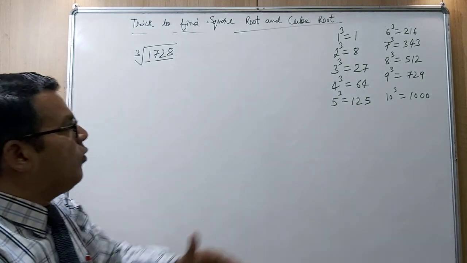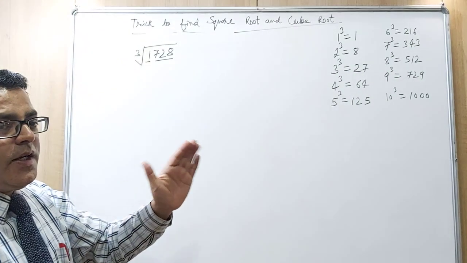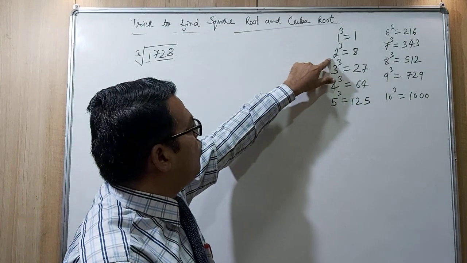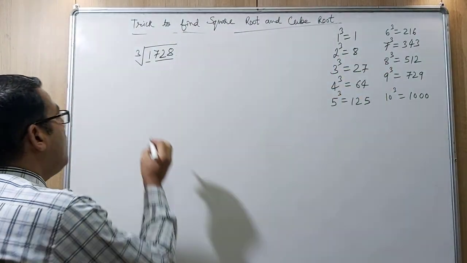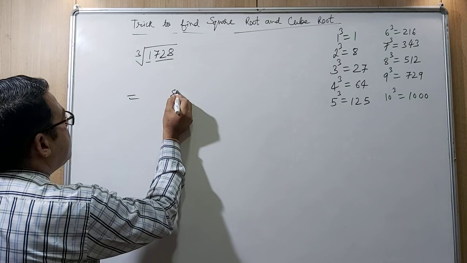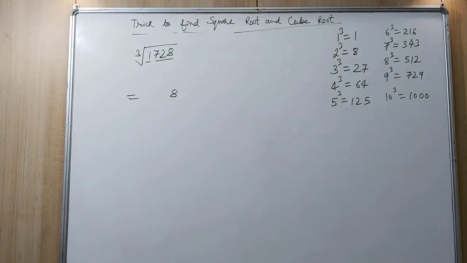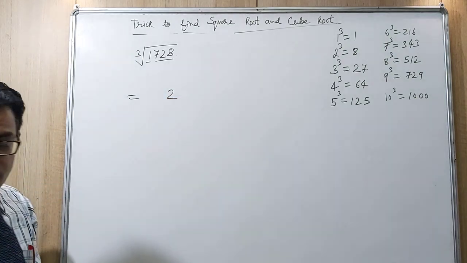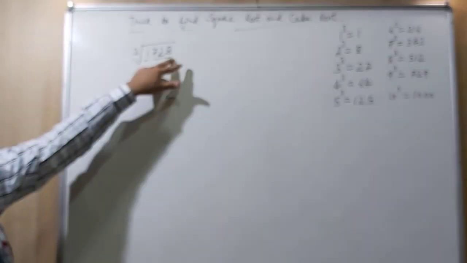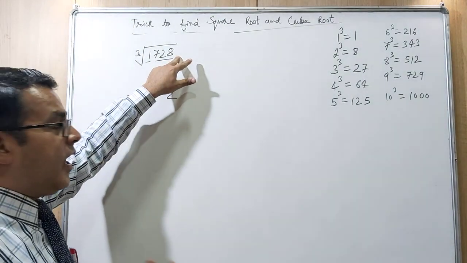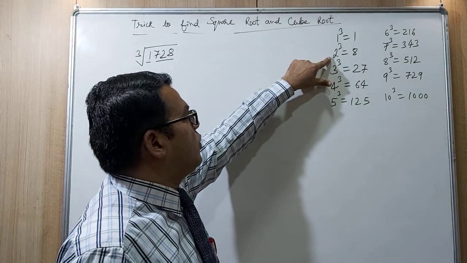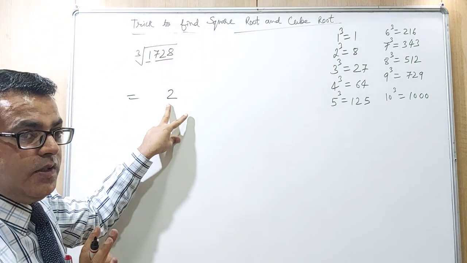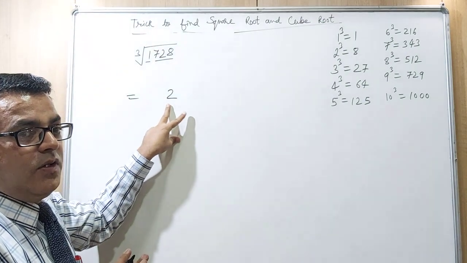In whose cube does 8 come? Here there is no ambiguity. Only in the cube of 2 we have 8. So we are sure that the unit digit will be 2. This is 100% sure. Hope you understand.